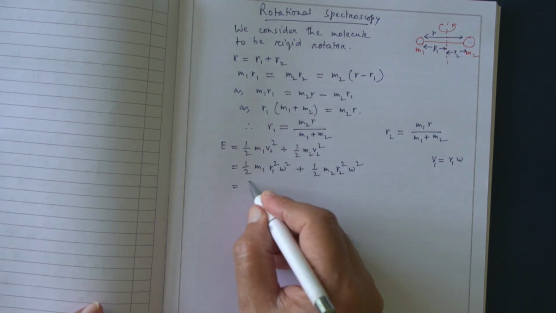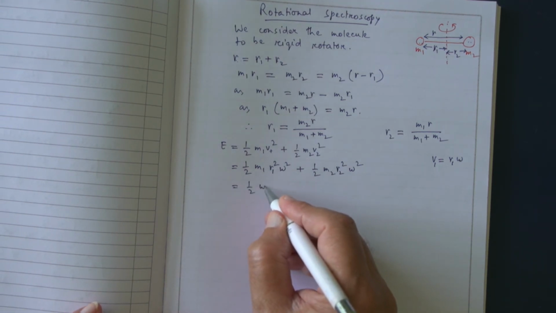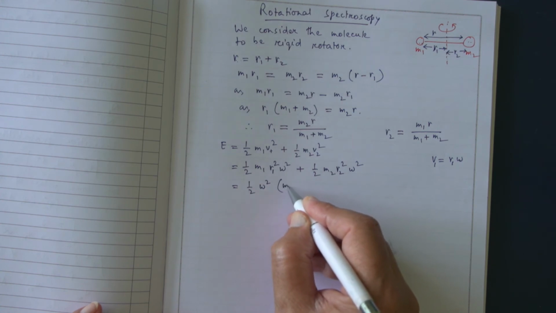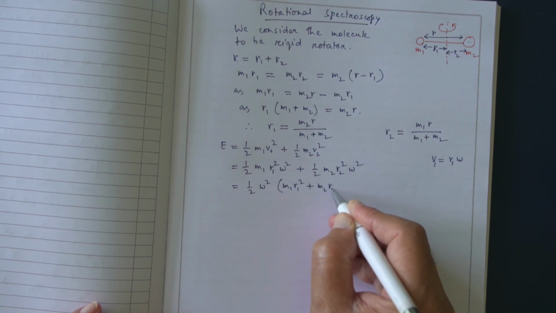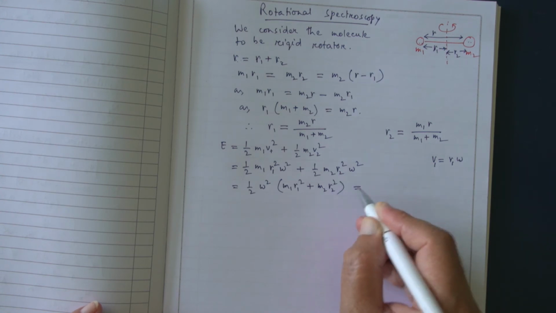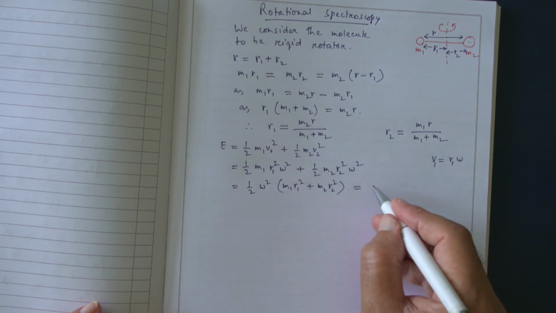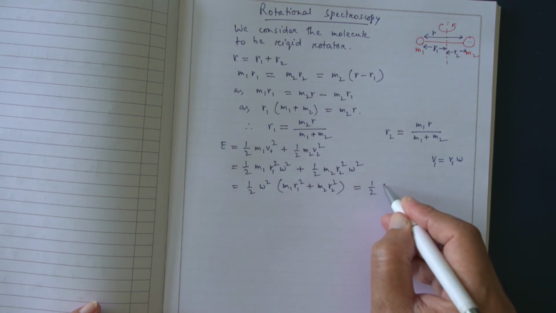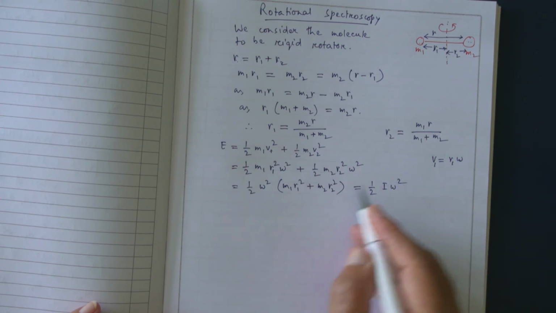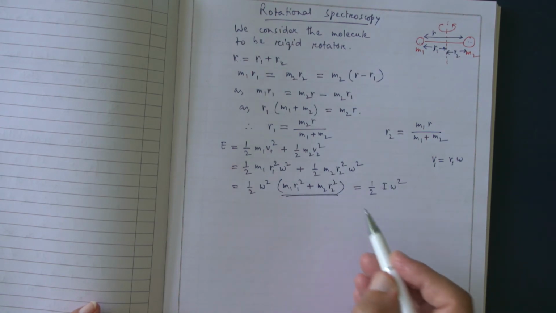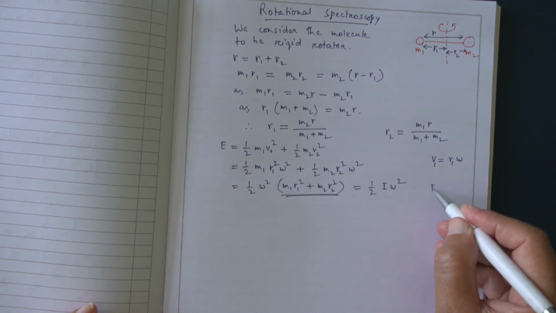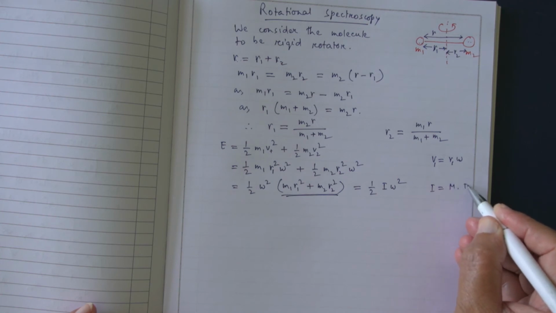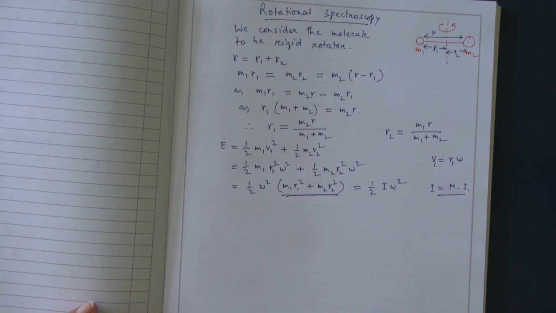Taking half omega square common, M1 R1 square plus M2 R2 square is nothing but the moment of inertia I. So this is equal to half I omega square, where I is the moment of inertia.